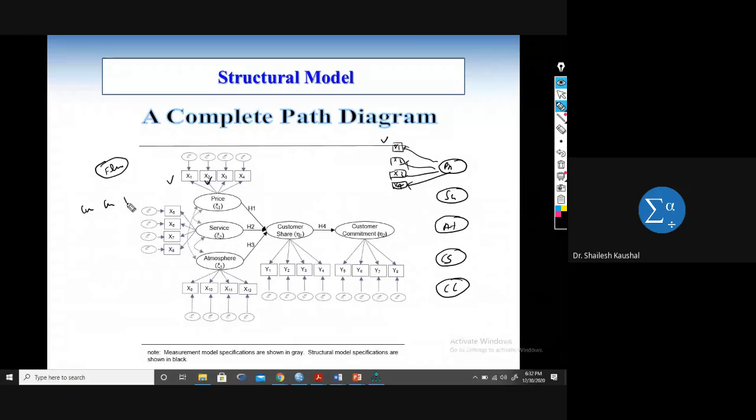Why am I taking the arrow from flu to these observed variables? Because flu is an unobserved variable and these are the observed variables. The arrow goes from the factor to the rectangle, and a rectangle means an observed variable, because these are influenced by the flu. If cough or high fever, it is because I have high flu or viral.